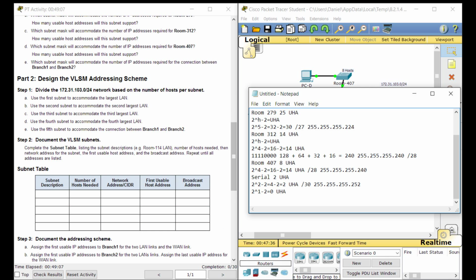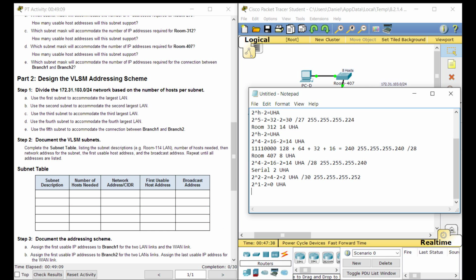Alright, but enough of that. Now we get to dive into the real fun stuff, dividing the network. So we got ourselves a /24 network here.